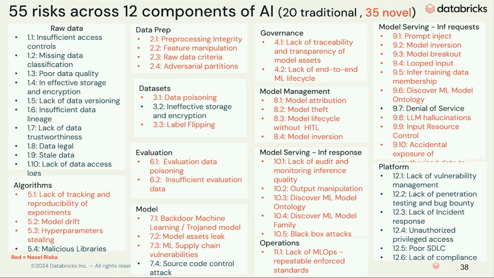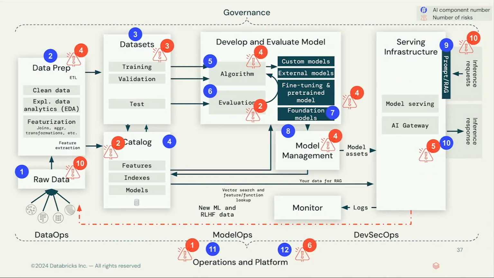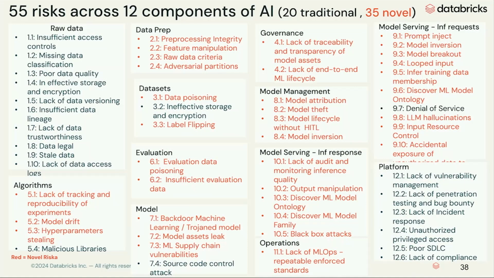So if you look at raw data, there are 10 risks. So if I go back, you will see here on the raw data, 10. So the 10 represents the number there, right? The ones on those boxes are numbered according to the white paper. We cataloged those, right? And then we mapped these to how we came up with this risk set, right?